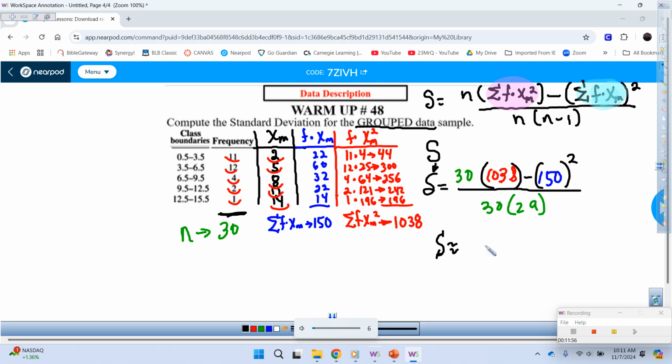Square root. You got the variance? Okay, what's the variance? 83, 52. Standard deviation is 91.3. Have you got that? No?